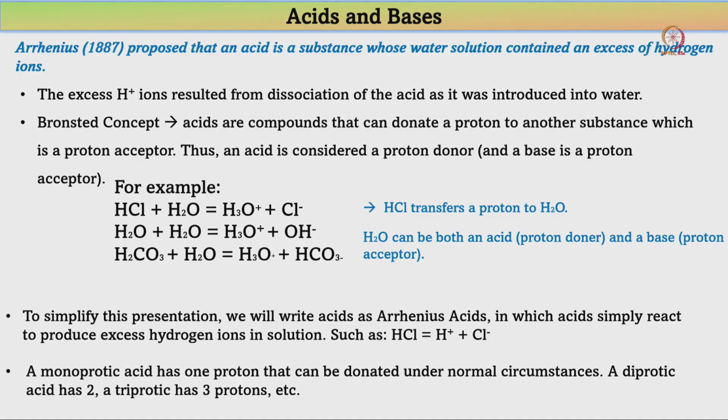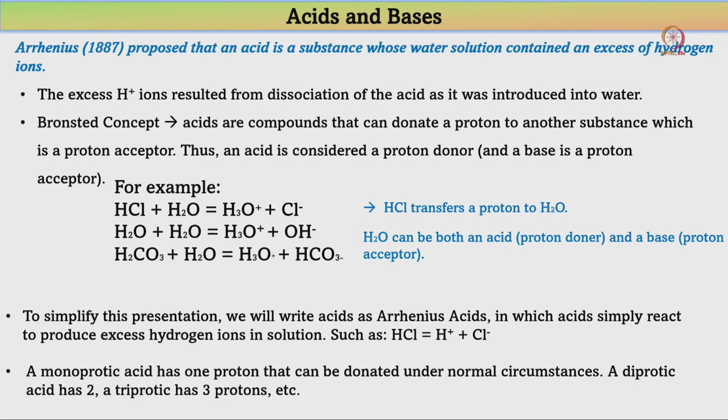So, first of all, how do we define an acid? Okay, how do we define an acid? Arrhenius in 1887 proposed that an acid is a substance whose water solutions contained an excess of hydrogen ions. Okay. So, if you mix water with an acid, then you will have an excess of H plus ions.